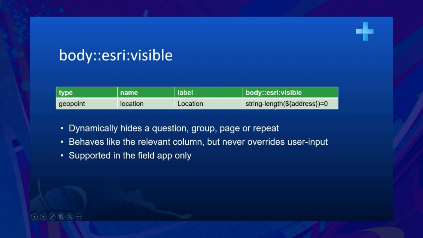Because if the length of the string in the address question is equal to 0, then this expression is true, then the geopoint will pop. Well, if this were the relevant statement, the moment you start typing an address, the geopoint is cleared. In this case, no, because it's the body Esri visible, right? The question will be hidden, but the value, whatever value the user set to the question, will be preserved.